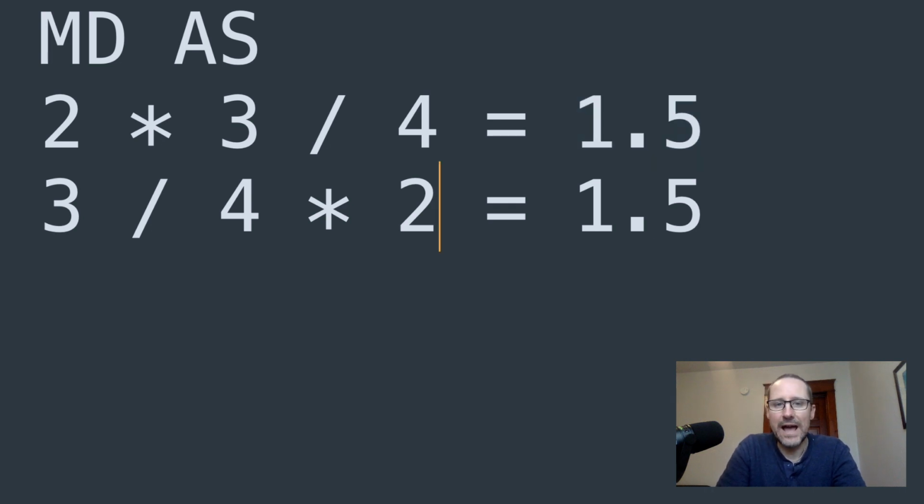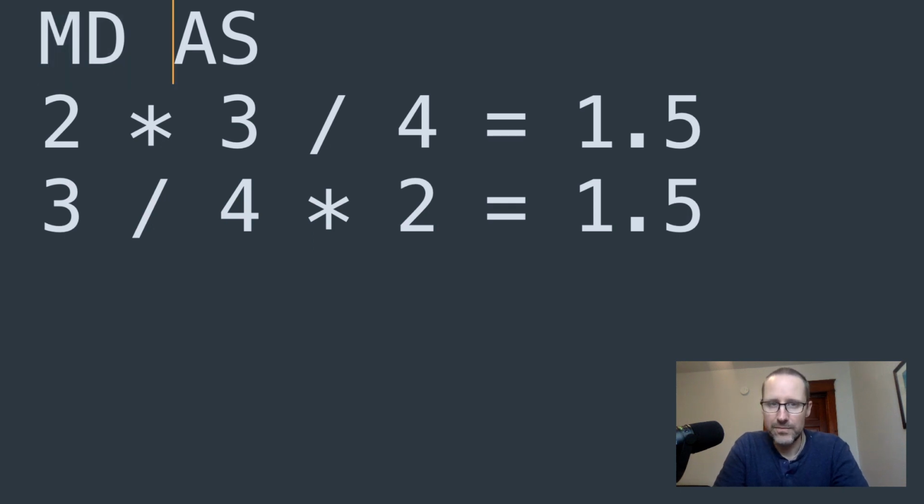It would have to be 12/8 to be 1.5, not 3/8. So the order of operations has to be read from left to right. And it's not that multiplication comes before division. They're the same. So that's how that works.